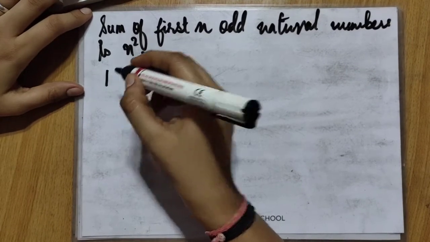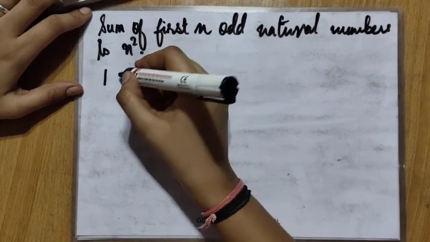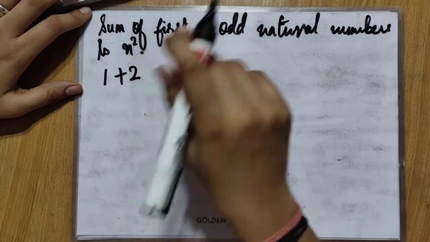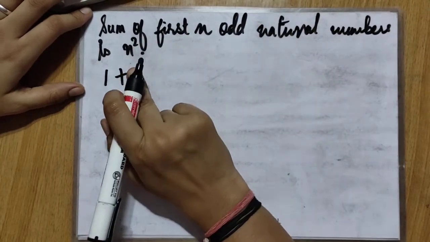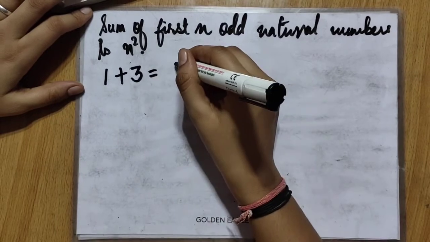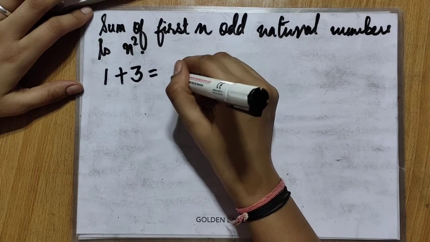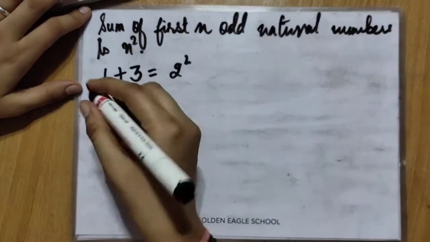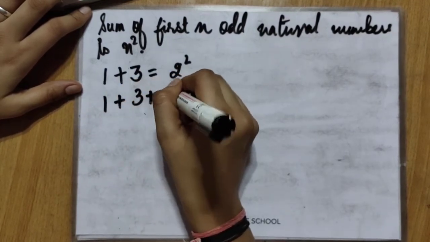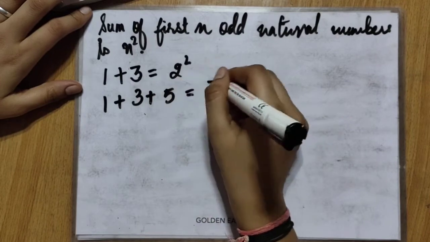For example, when we are adding 1, 1 is simply 1. We want odd numbers, we don't want even. So 1 plus 3 will be 2 square. 1 plus 3 plus 5 will be 3 square.